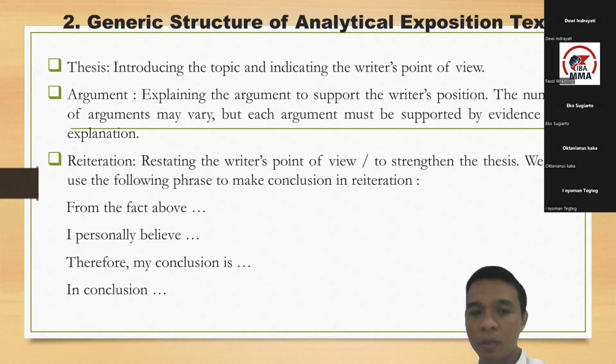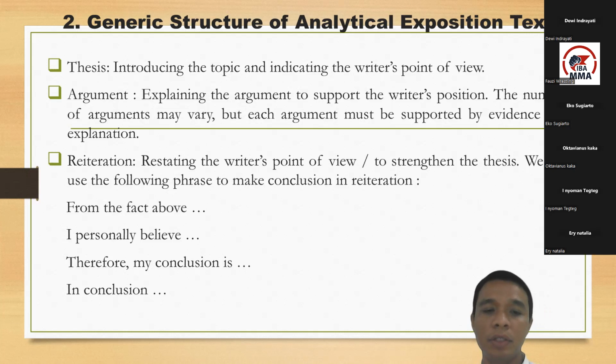So those are the examples of phrases to make conclusions in reiteration. Once again, the phrases to make a conclusion in reiteration are such as: from the fact about blank, I personally believe blank, therefore my conclusion is blank, and in conclusion blank.